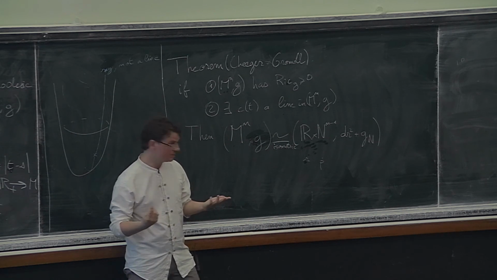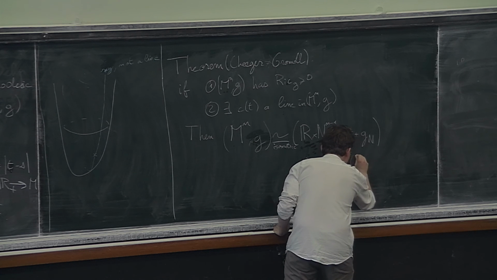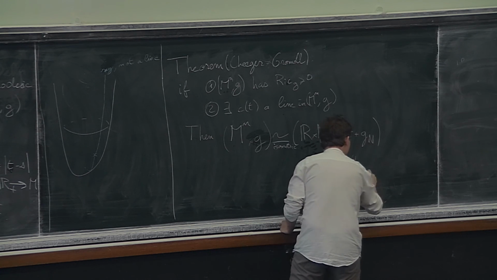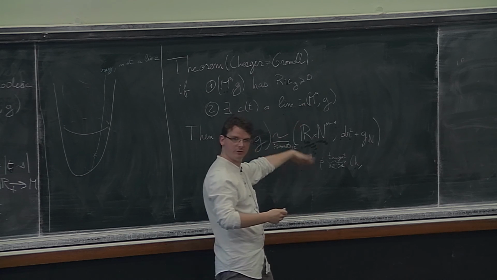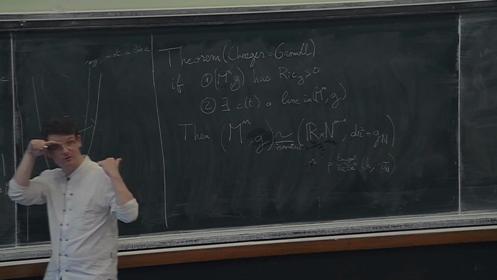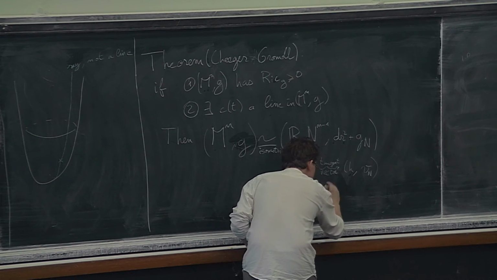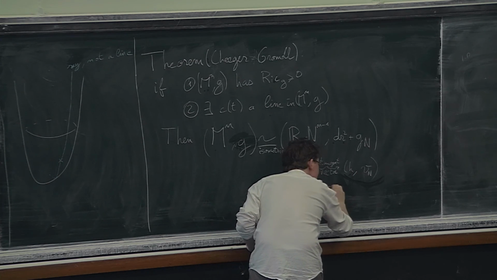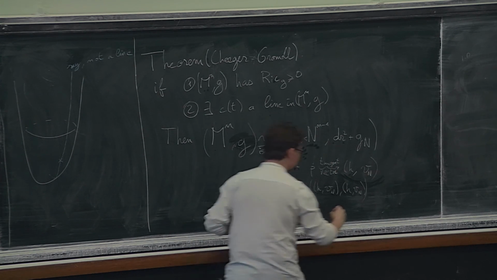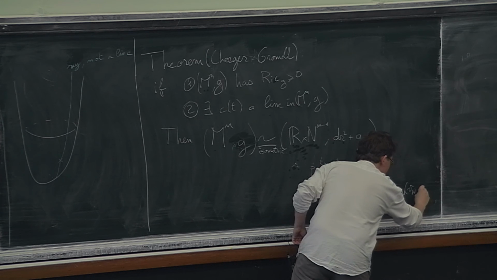So any tangent vector will be some h, which is just a real number, and some v sub n, which is a tangent vector to n, and then g of h v n, putting this vector twice inside, will just be h squared plus the metric that I gave on v n.